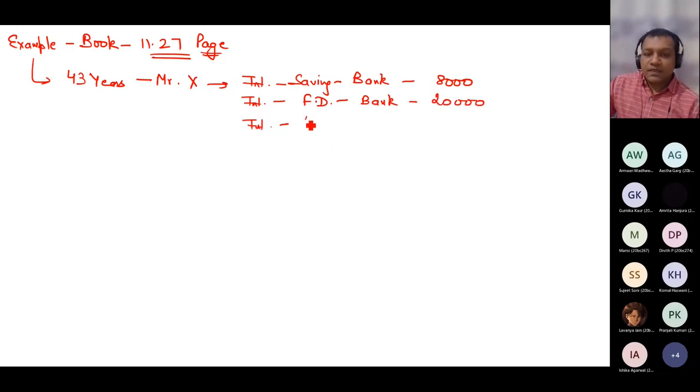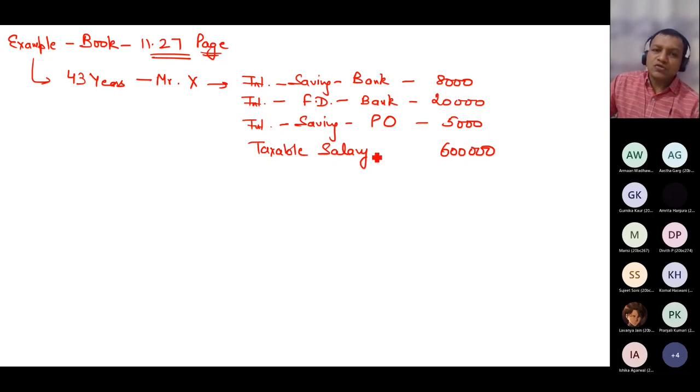Interest income, saving in a post office, 5,000. Taxable salary, 6 lakh. And one more thing you should not forget, that I'm not opting for optional taxation scheme.